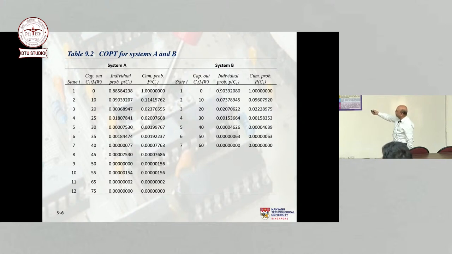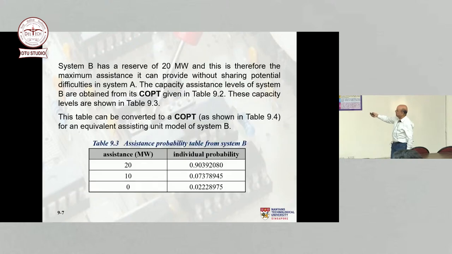If the capacity outage is 10, then this is the probability, correct? And when the capacity outage is 20, it will not provide me any assistance because it's able to meet its own load. But it can provide me assistance from these two states, right? So 0.90 plus 0.073.